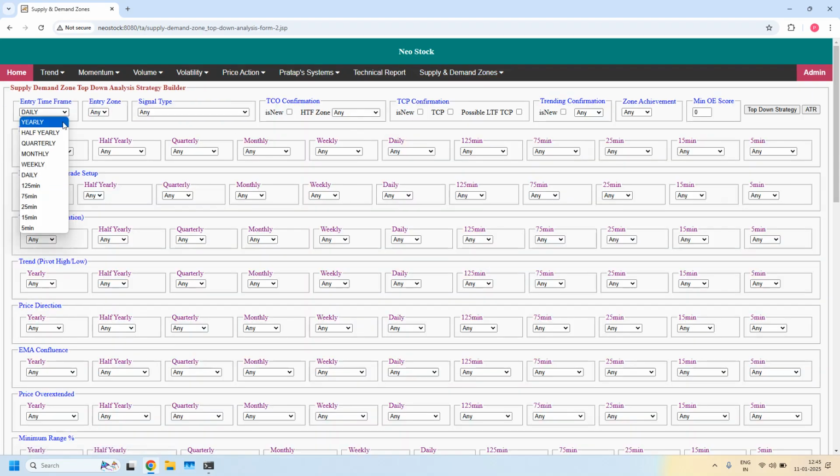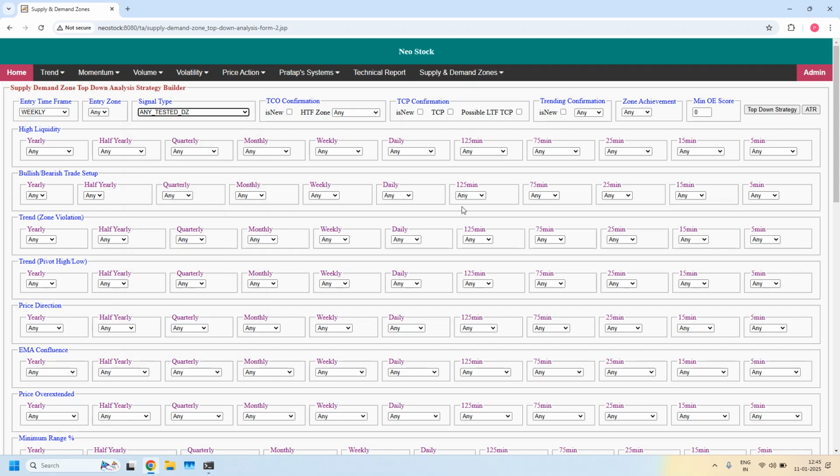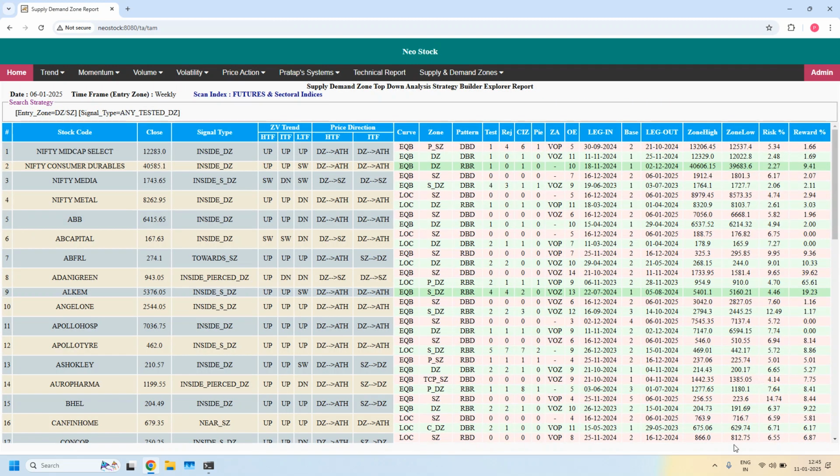Next, weekly time frame. Let us find the tested weekly demand zones during this week. The stocks having tested weekly demand zones. So very big list we have. Good number of demand zones are tested during this week. I am scrolling the list down. First 16 stocks in the list.